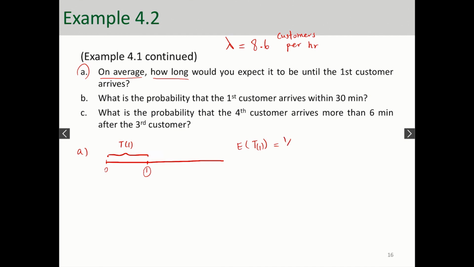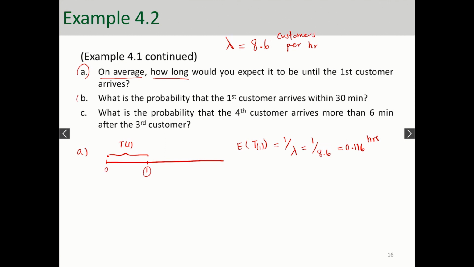So 1 over lambda, that is the average time it takes for the first customer to show up, essentially. 1 over 8.6, which is 0.116 hours. So that's a little more than 6 minutes, maybe, close to 7 minutes or something.